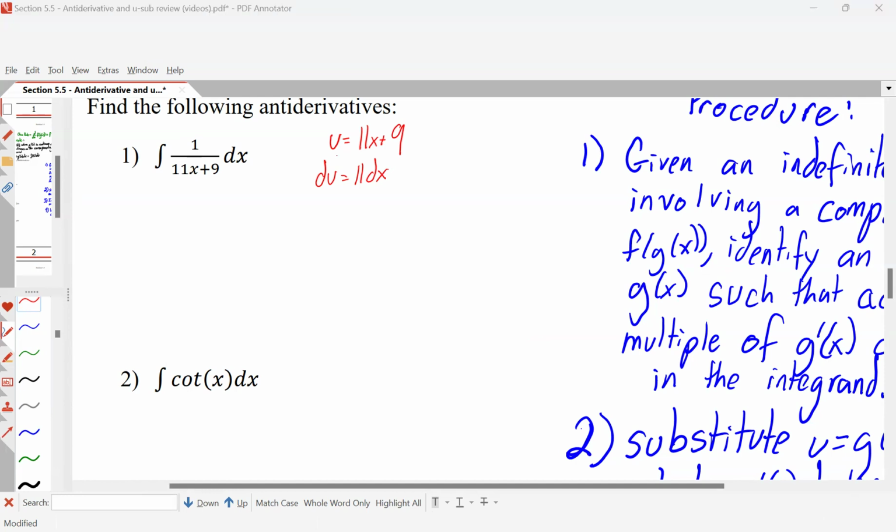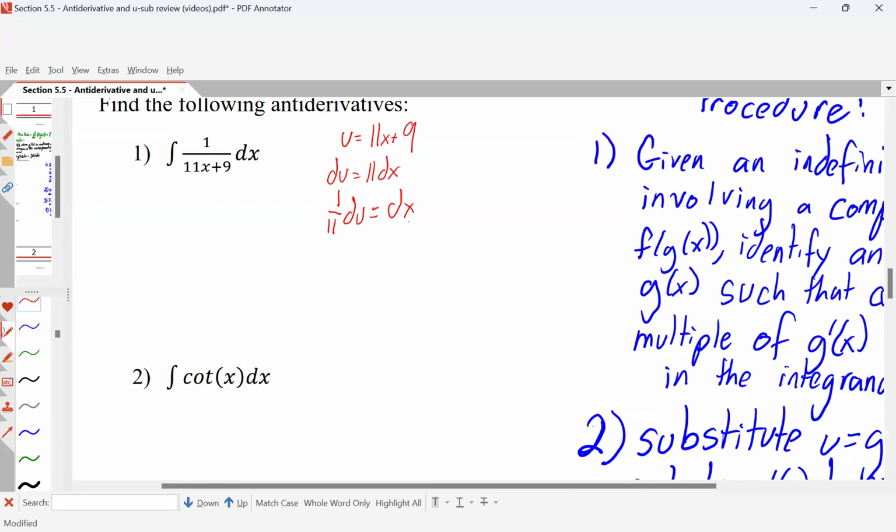So we have u being 11x plus 9, du being 11 dx, or with a little bit of algebra, dividing both sides by 11, we get 1/11 du is the same as dx. This substitution is saying 11x plus 9 is going to become u.